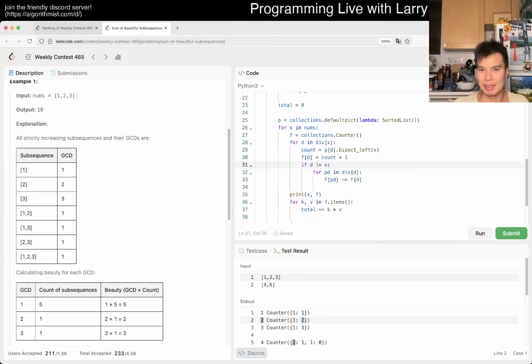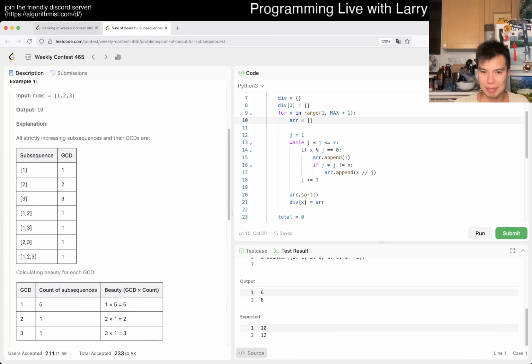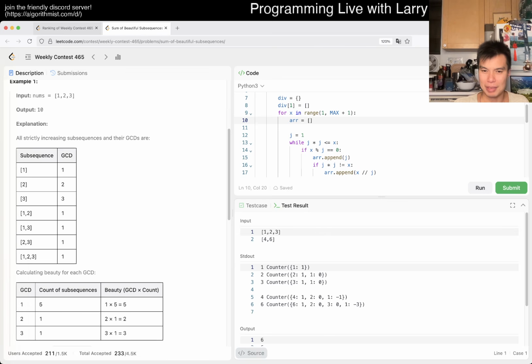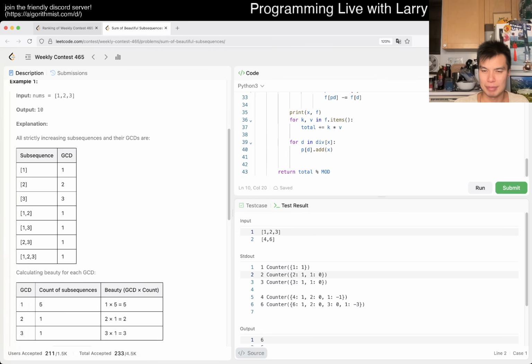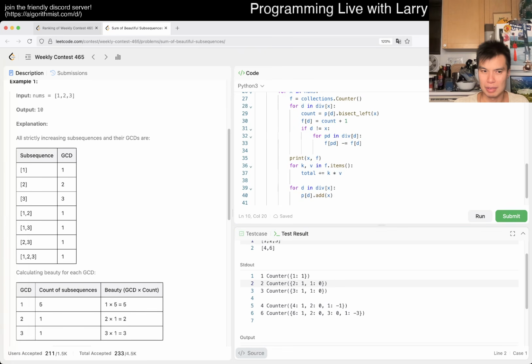Okay, maybe that makes it okay, and we just go back to 1. Maybe. Okay. It's kind of what I was hoping, so that's good. Not quite right though, but it's a start.